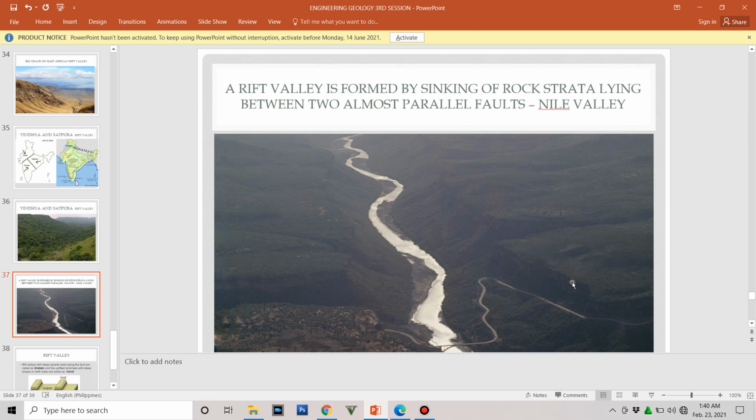pushed the ground upward. So, tinulak niya pataas and then creates the Ethiopian highlands and also activated a still existing mantle conveyor belt that pushes upward the Ethiopian highlands in the south and pulls the ground in the north.